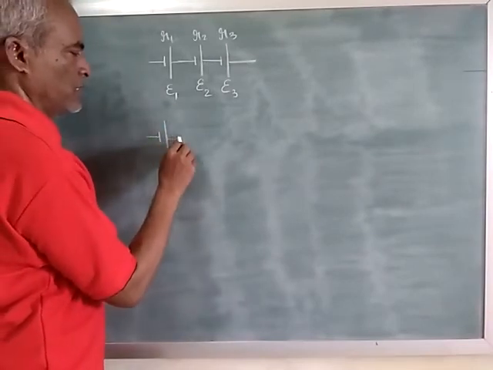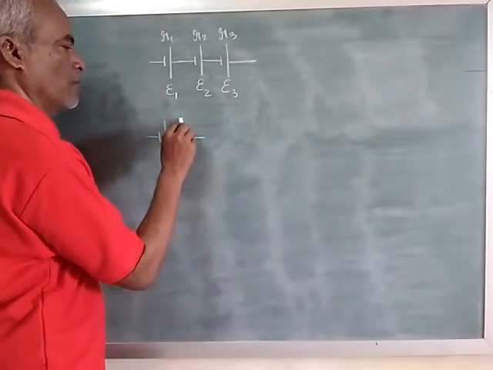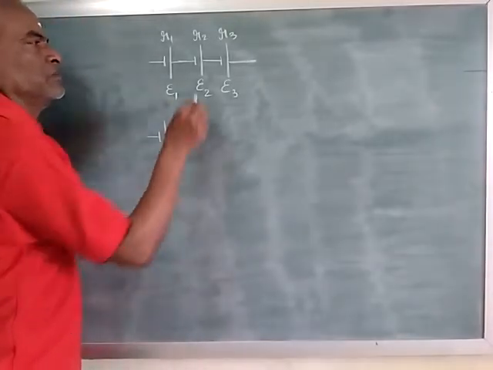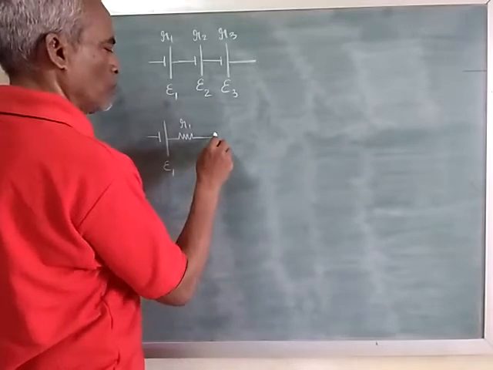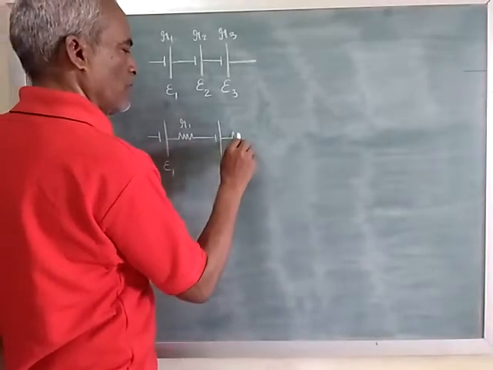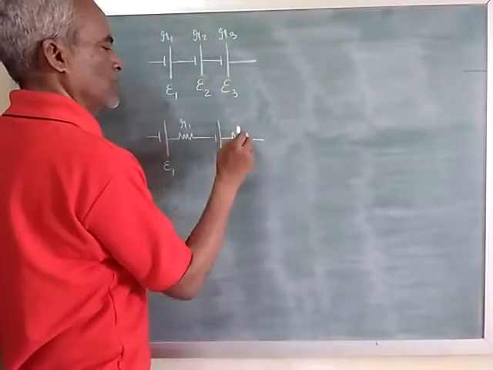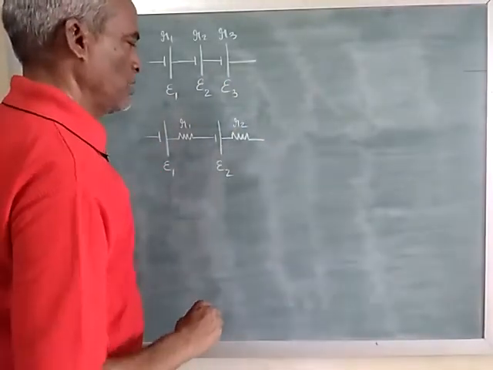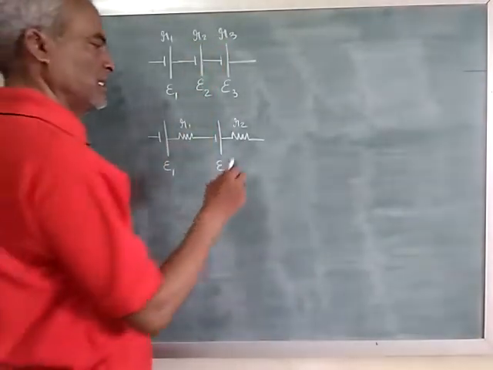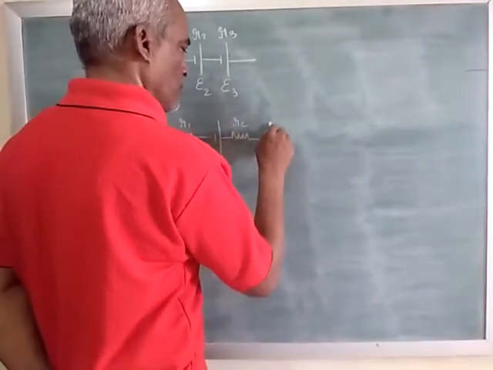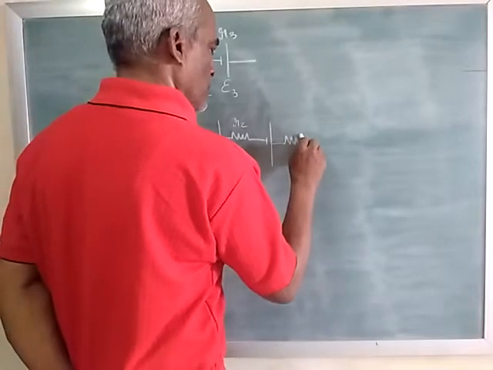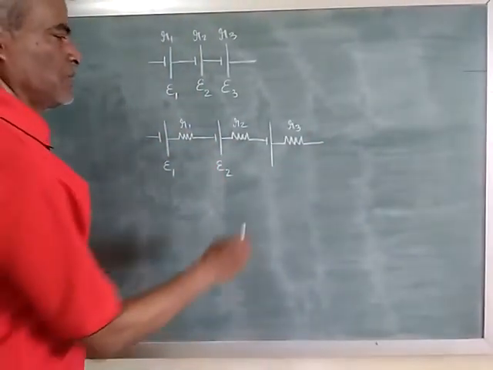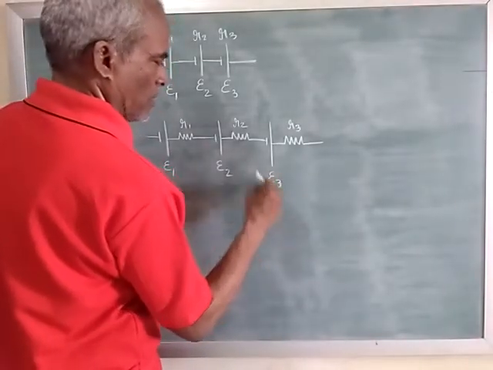First cell voltage and R1. So this is E1. Then for E2, then we have, assume the resistance is R2 and the voltage is E2. And for the third cell, this is R3. So this is E3. Okay.